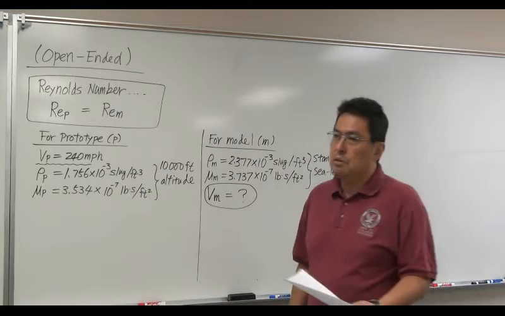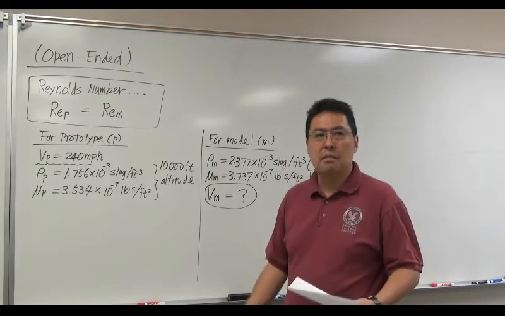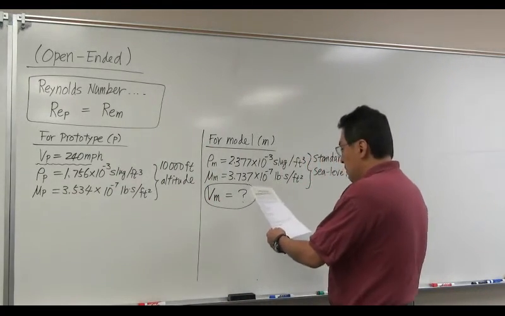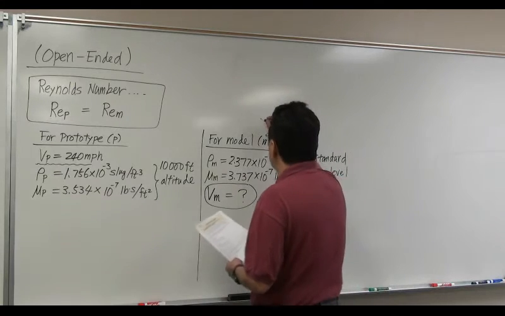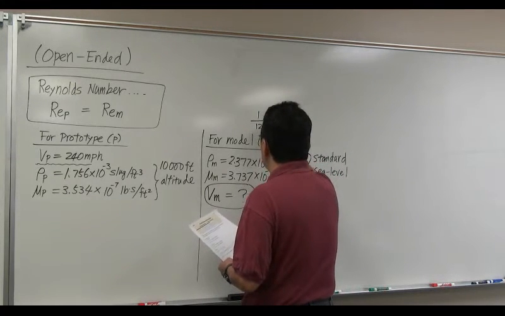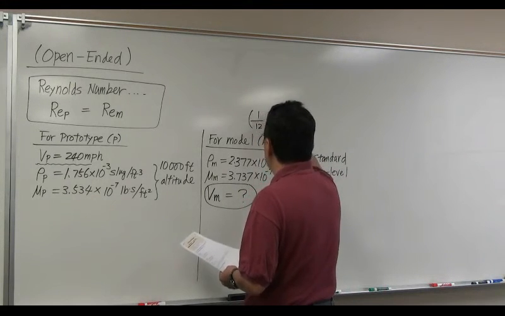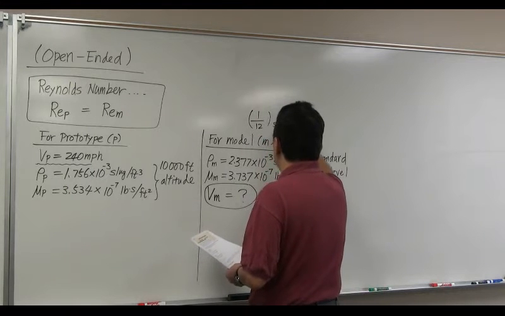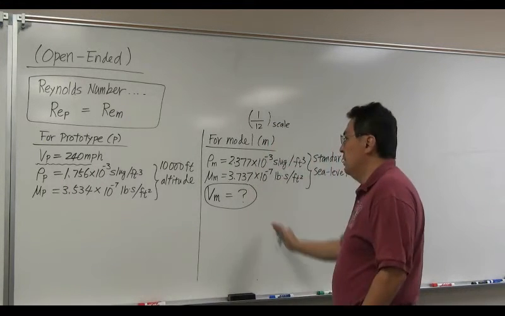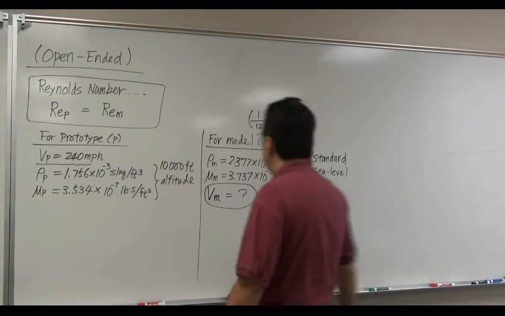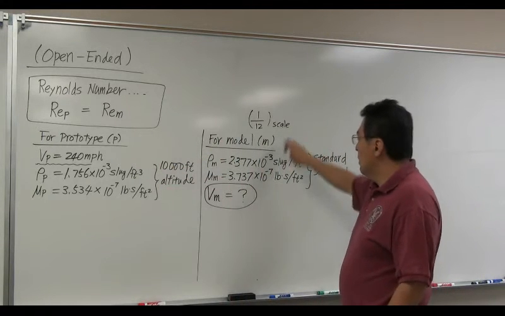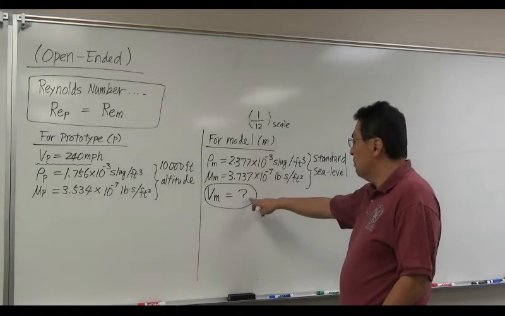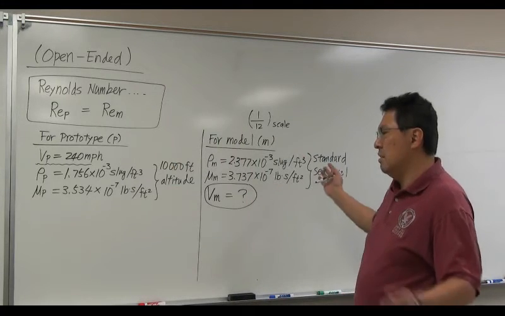It's probably a dumb question because we know the answer is no. Okay? One more thing, model is 1/20 scale. It's a much smaller size than actual size. So for a smaller size model, should I go for 240 miles per hour for testing? No, I don't think so.